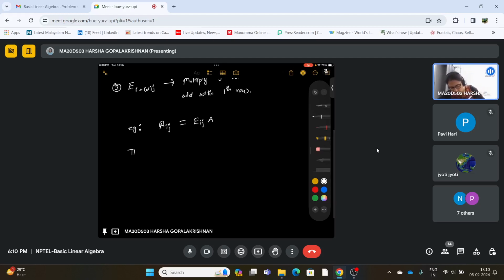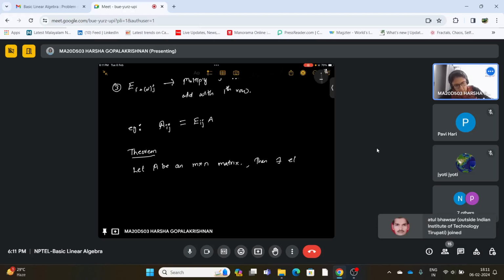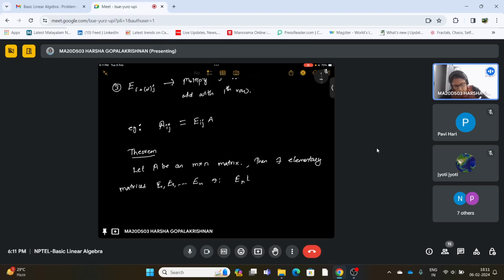So the first theorem states that let A be an m by n matrix, then there exist elementary matrices E1, E2, etc., En such that En, En minus 1, etc., E1 A is a row reduced form.